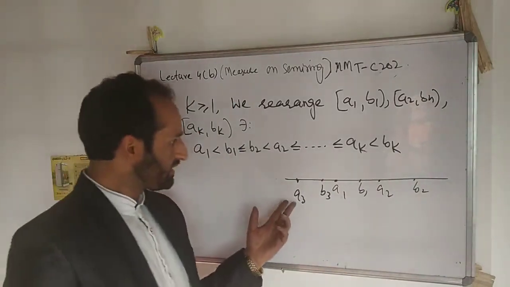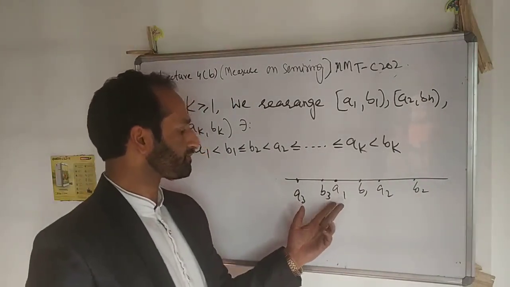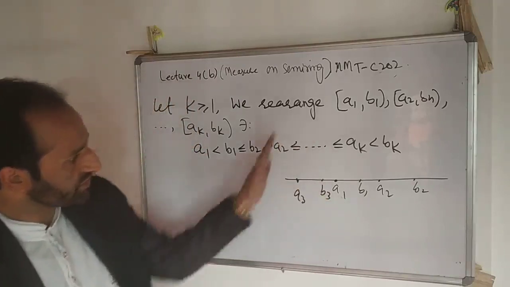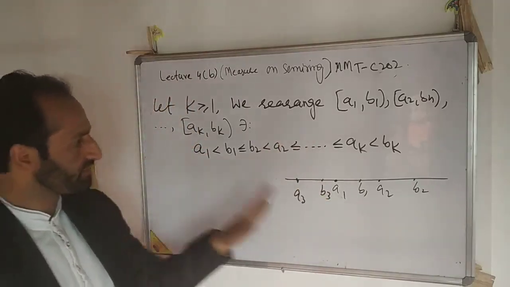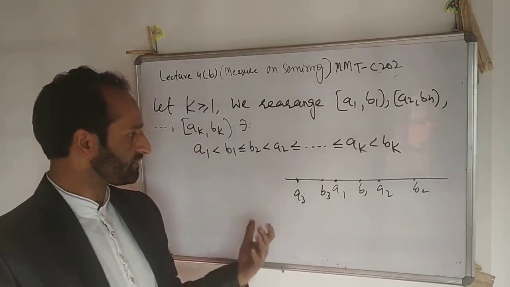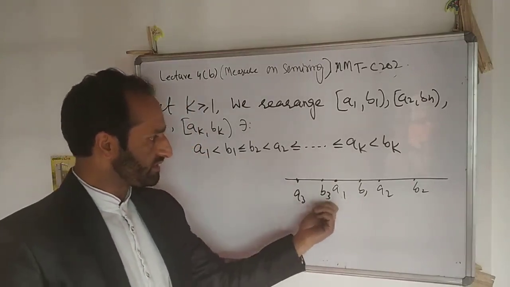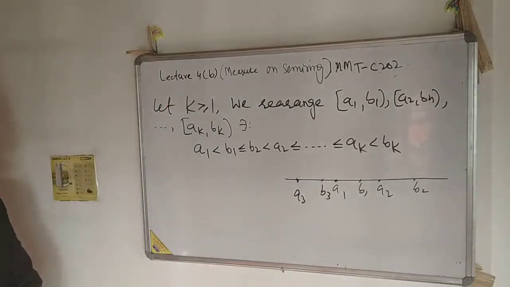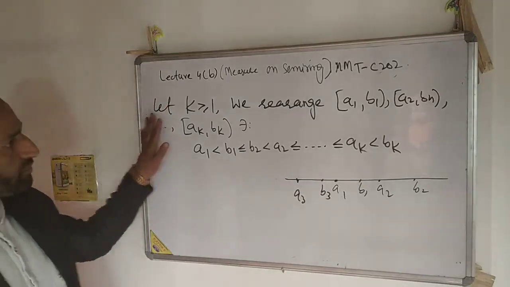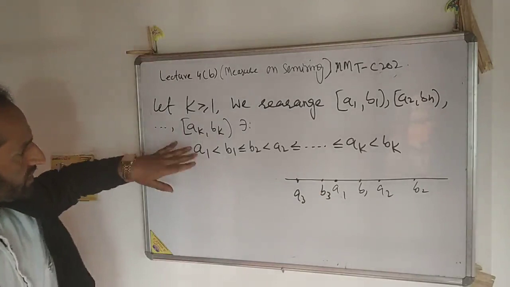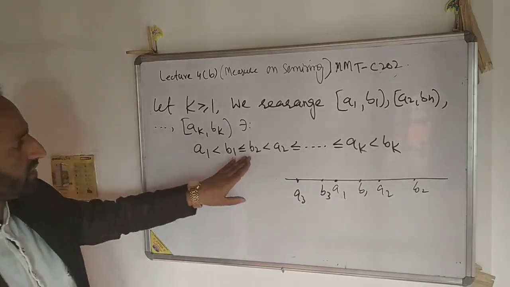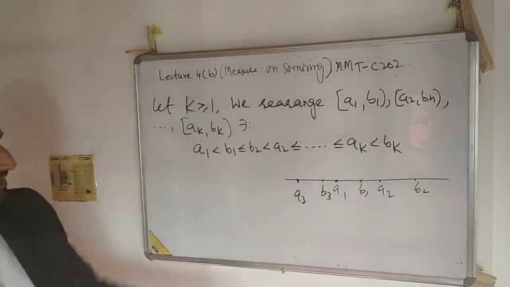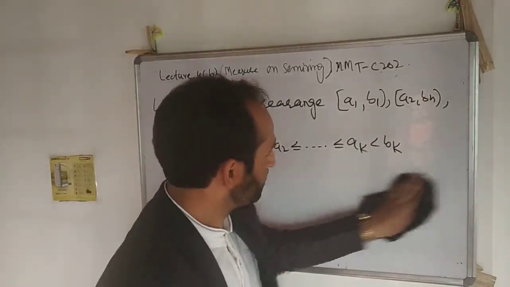So if a3 is less than a1, we rename these intervals: we name the interval a3 b3 as a1 b1 and then a2 b2. So for k greater than or equal to 1, we can rearrange these k intervals like this: a1 < b1 ≤ b2 < a2 and so on, up to ak < bk.